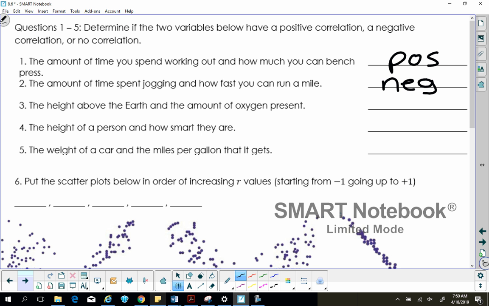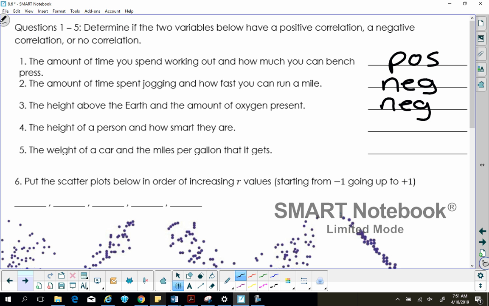What about this one? The height above Earth and the amount of oxygen present. You guys can shout it out. It is correlated. Think of astronauts, why do they have that little thing on their head? Do they have a lot of oxygen or no oxygen up in space? No oxygen, right? So the higher you are, the less oxygen there is. So what would that be? A negative. Does that make sense?